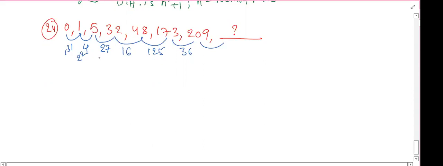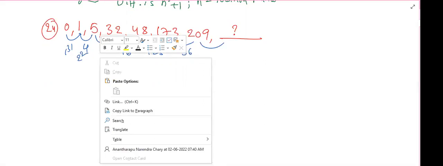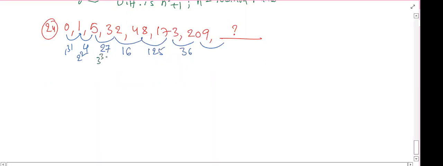Then 3 cube, yeah, matching, 27. Then 4 square, and then 5 cube. Yes, sir. Finally, you got the logic. This difference should be 7 cube, 343. So by adding 343, you'll get the answer here.